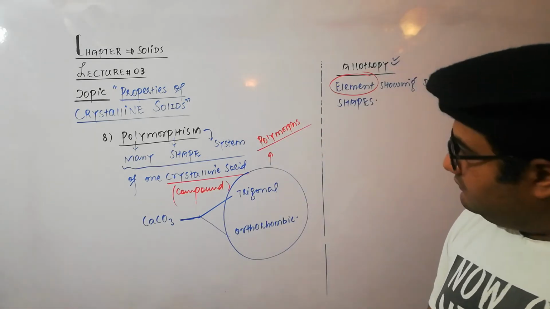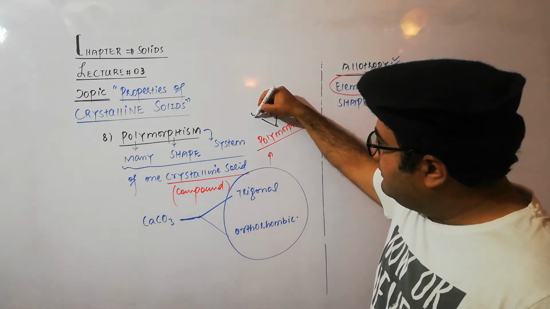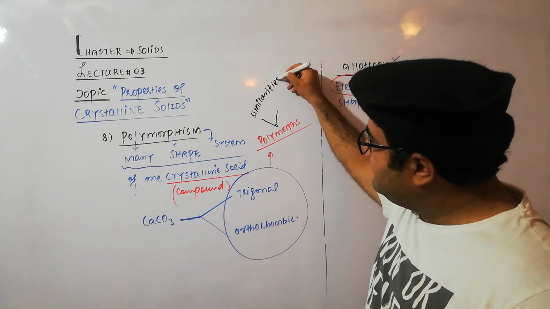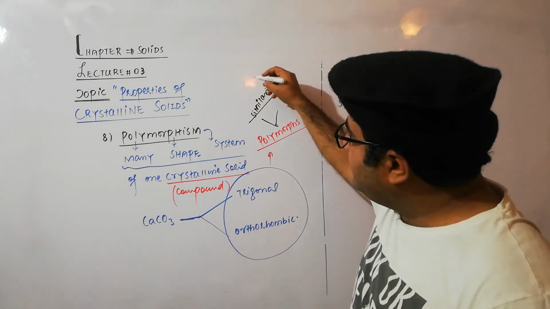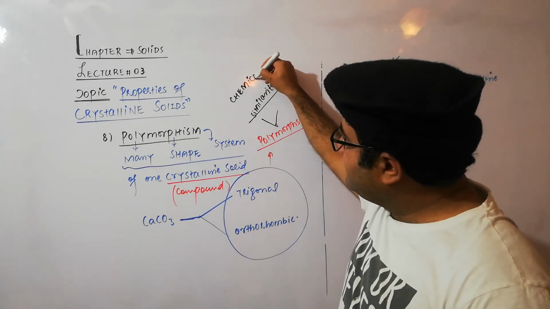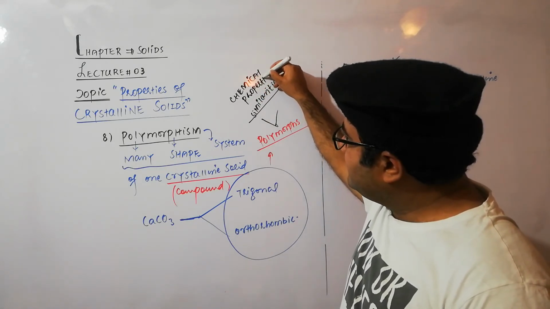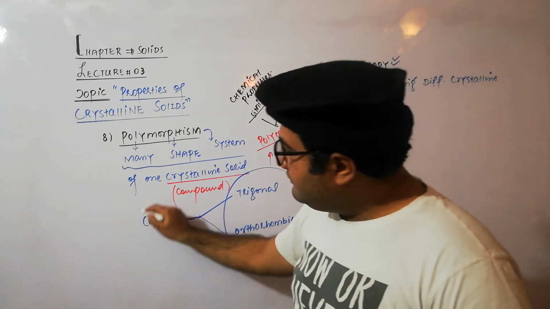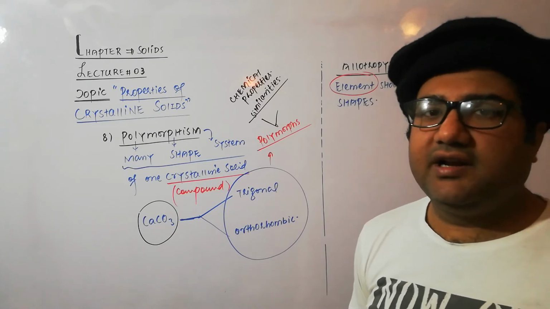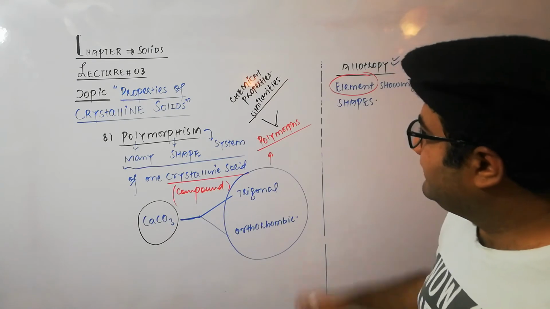Polymorphs also have certain similarities and differences. Now what are their similarities? Their similarities are actually their chemical properties. Their chemical properties are the same because calcium carbonate is a single compound, and the electronic configuration and the bonding will remain the same in these two different forms, so the chemical properties will be the same.